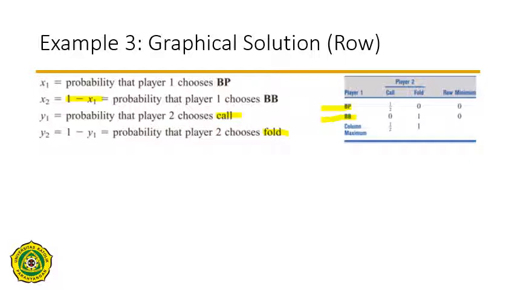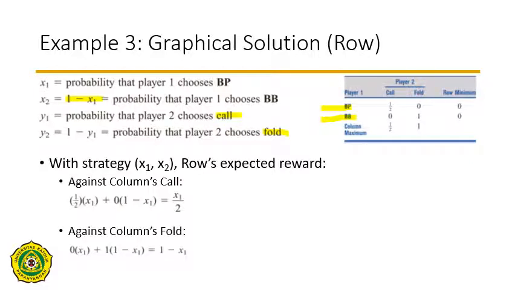Now let's calculate the expected reward from the point of view of player 1. So again, when we are at the position of the row player, we cannot control what strategy player 2 will play, right? Because we cannot control player 2, in the calculation of expected reward, we need to separate the two points. The first is if the column player plays call, and the second is if the column player plays fold.